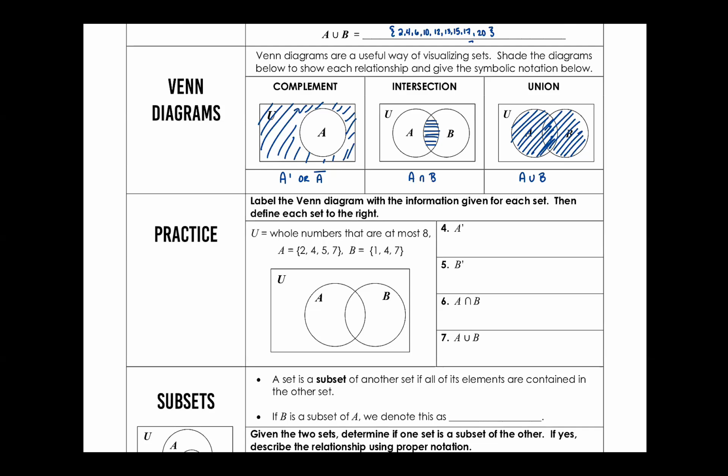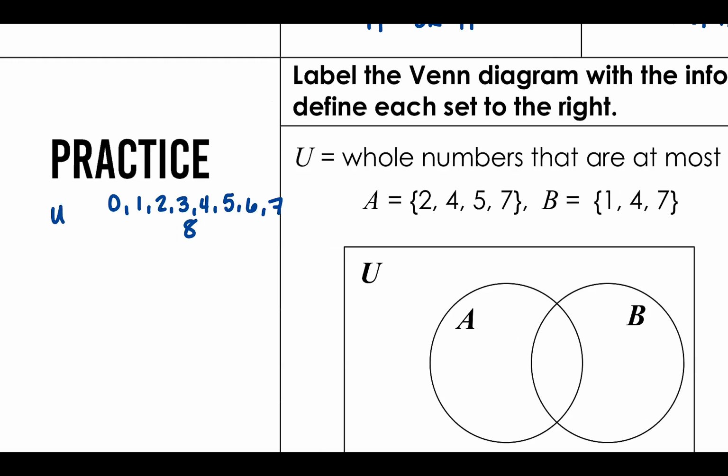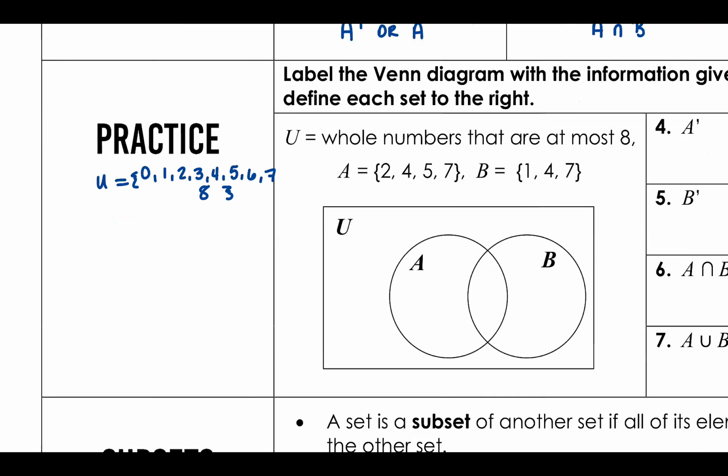So anything that can be at most 8: 0, 1, 2, 3, 4, 5, 6, 7, and 8. Those are all the possible outcomes, the numbers in our universal set. So if I write U and then curly brace, those are all the possible numbers. But A and B have their own sets of numbers that we've got to go ahead and calculate.